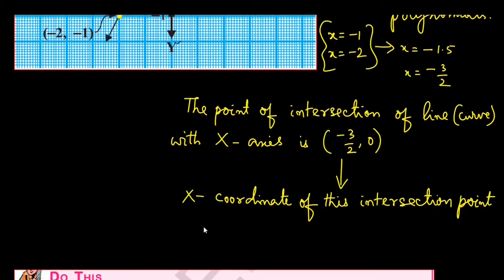The x-coordinate of this intersection point is the 0 of the polynomial.